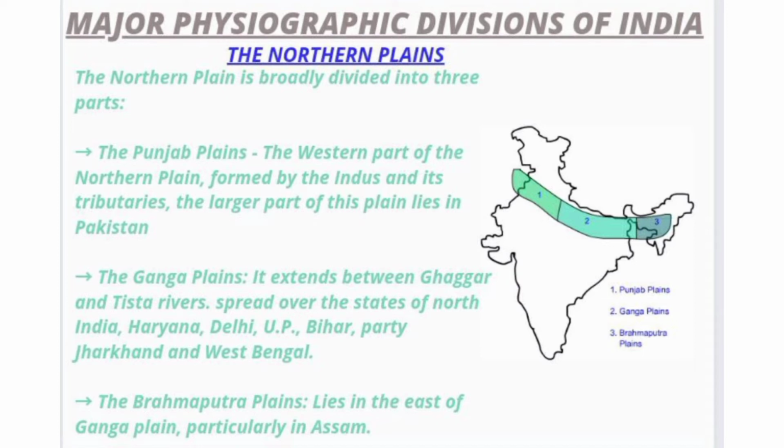The Ganga plains extend between Ghaggar and Tista rivers, spread over the states of northern India: Haryana, Delhi, Uttar Pradesh, Bihar, partly Jharkhand, and West Bengal. The Brahmaputra Plains lie in the east of Ganga Plain, particularly in Assam.